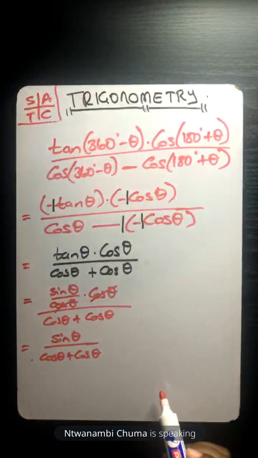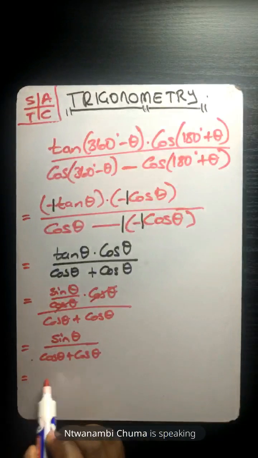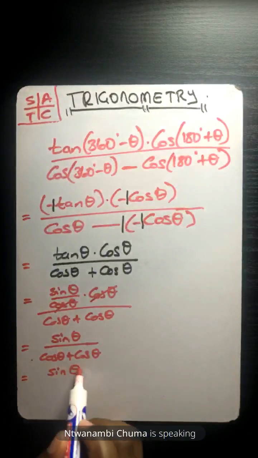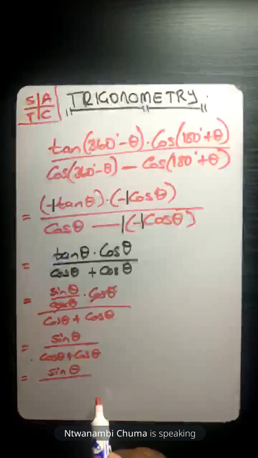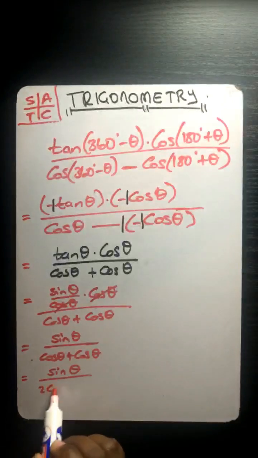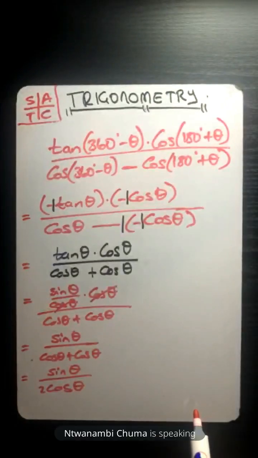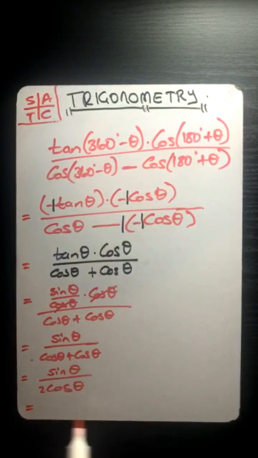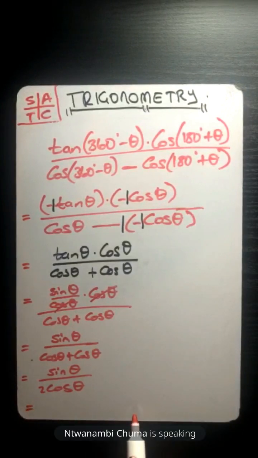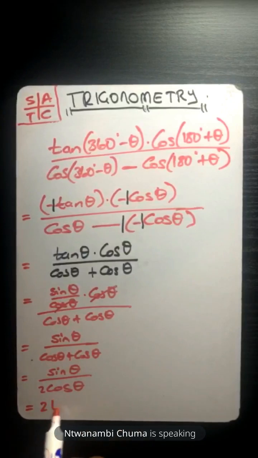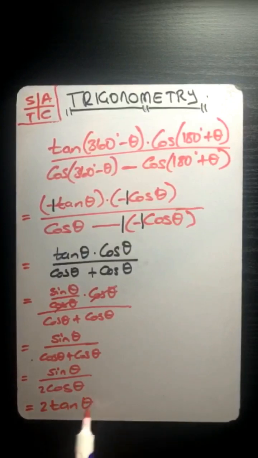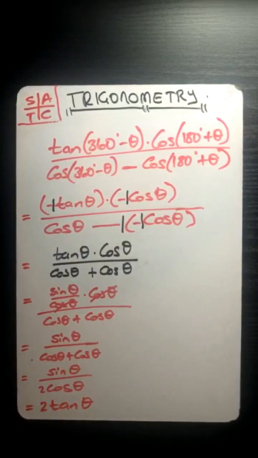And then it will be sine of theta over 2 cos theta. Then it will be equal to 2 tan of theta. Is it wrong, sir? 2 tan of theta. Hey, Chumi, imagine you being in an exam and you end up having that final answer.